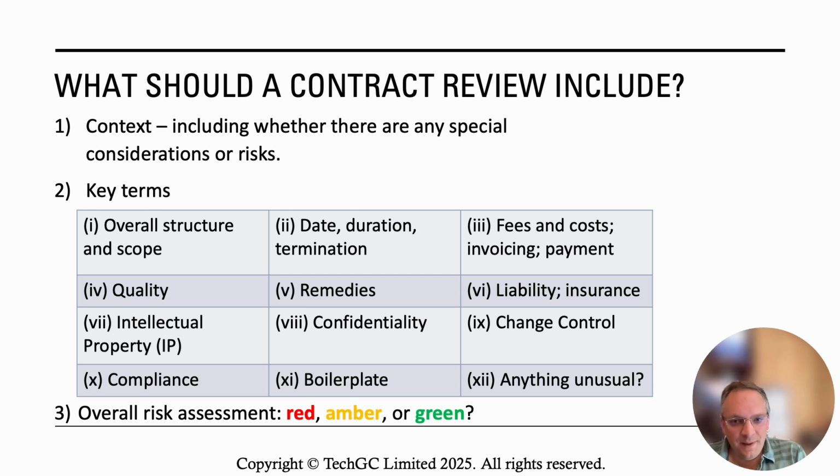You can also then arrive at a risk assessment overall for the contract based on all of those things. Are there red flags, meaning that actually the contract as a whole is a red flag contract?